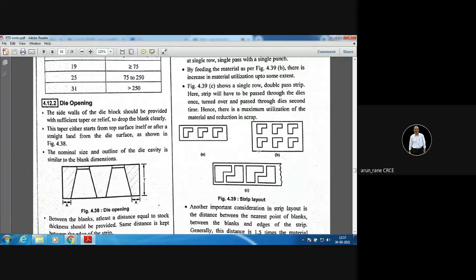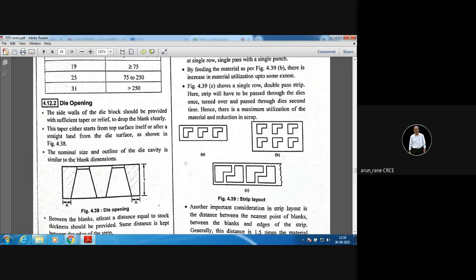Normally when we do progressive die design, of course you don't have it in your term, but your higher semesters have progressive die design. In that case we ask them to give at least four options, and whichever is giving more utilization, that option is selected. Now how to find out the utilization?